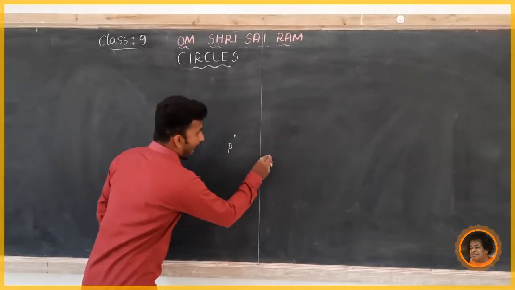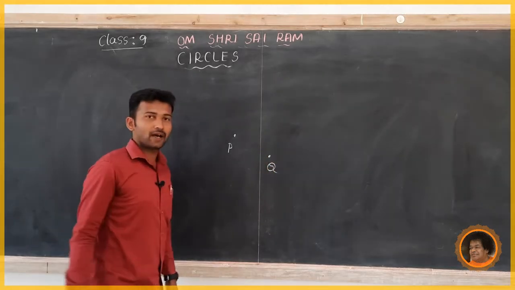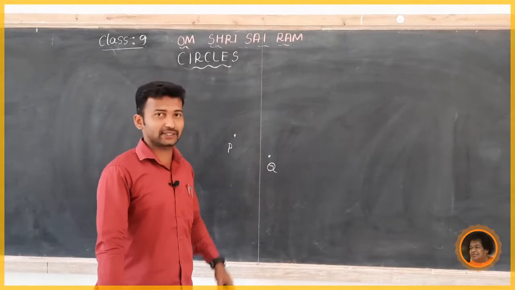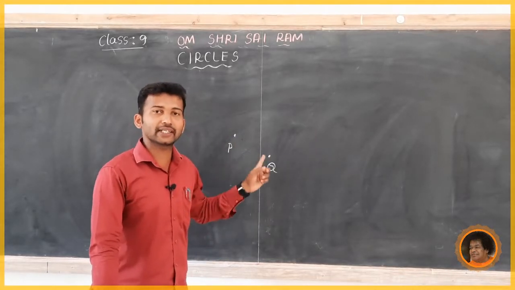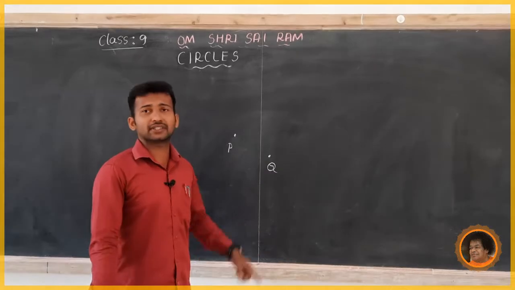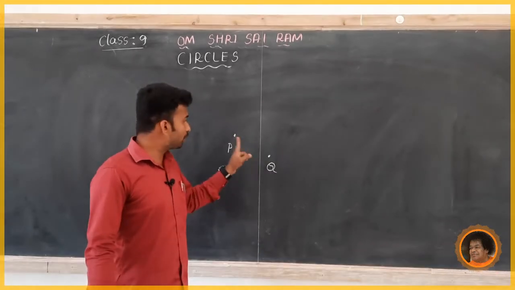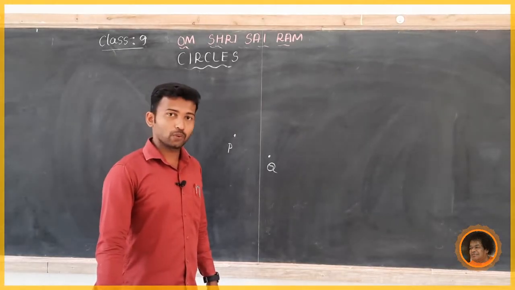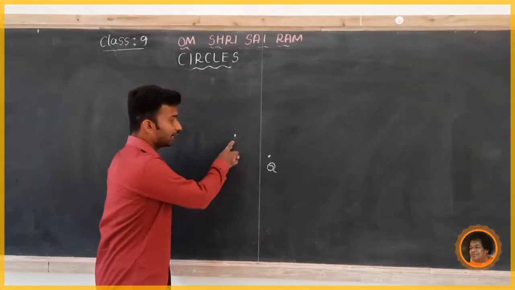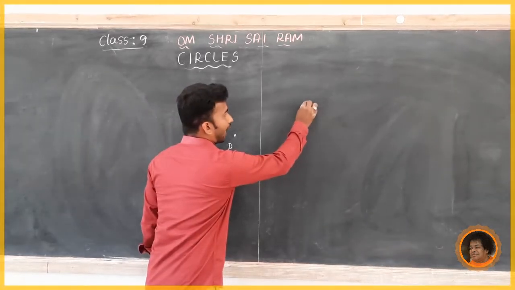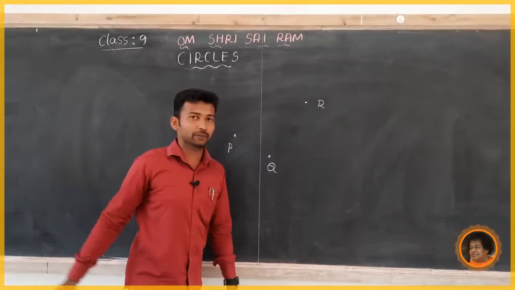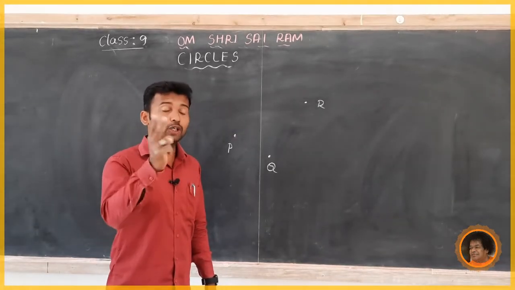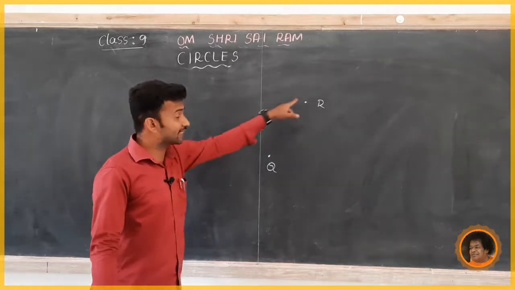If P and Q are two points, how many circles pass through these two points? Here also, infinitely many circles pass through the two points P and Q. Now we have one more point, R. These three points are non-collinear points, which are not in a straight line.